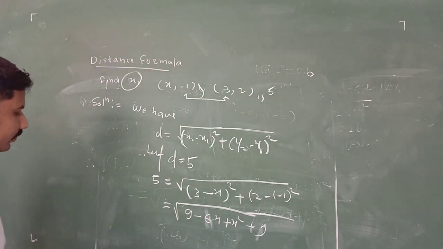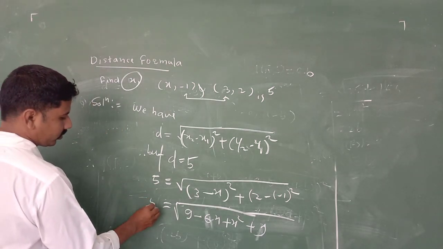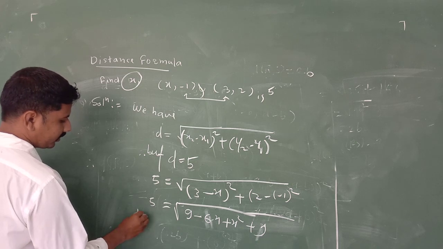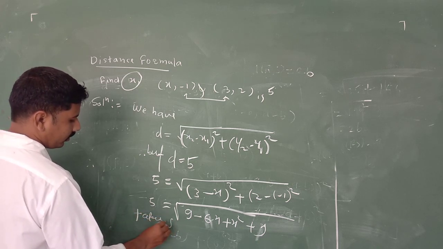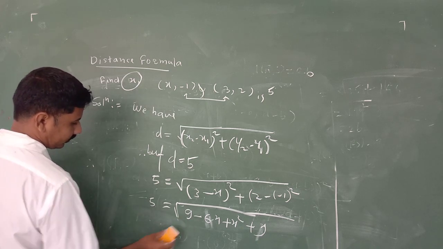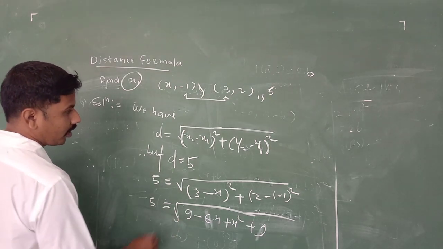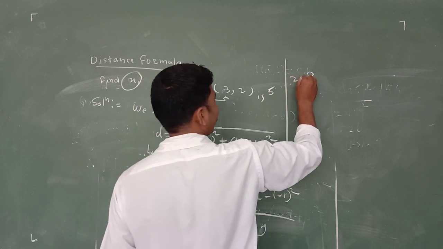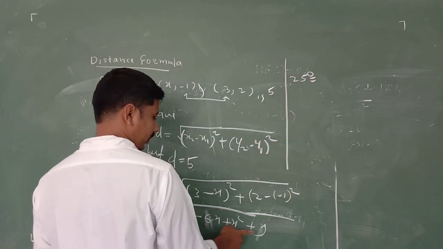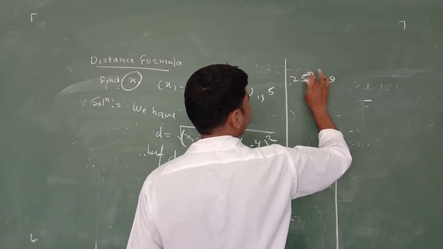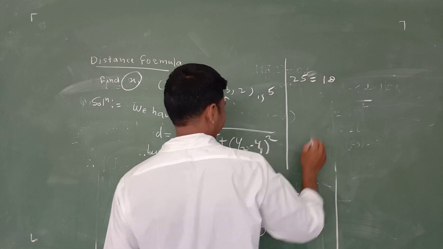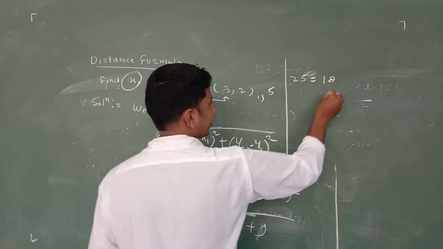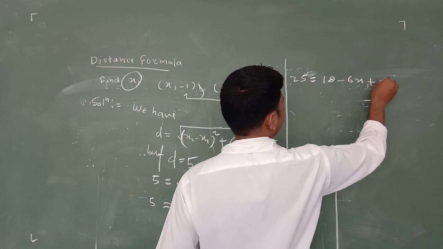So taking square of both the sides, what we have is 25 is equal to 9 plus 9, 18, minus 6x plus x square.